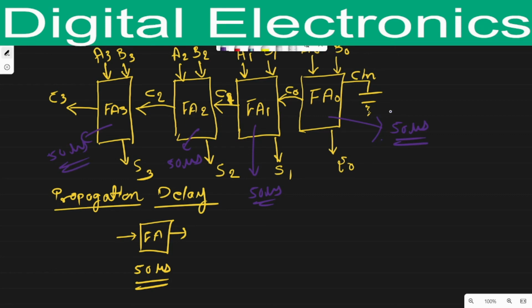So if our process starts at 0 seconds, we will get the final answer after 200 microseconds.